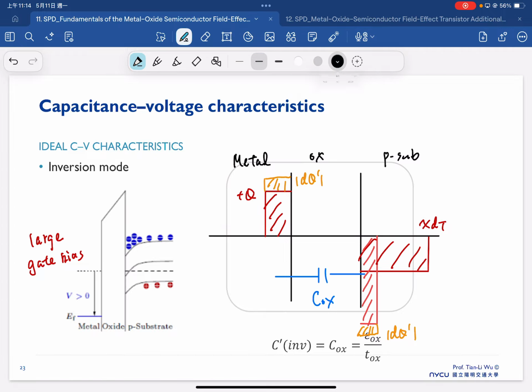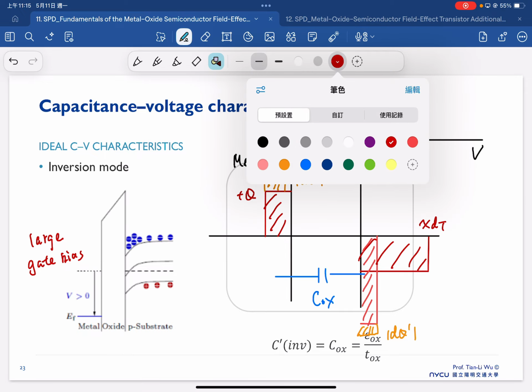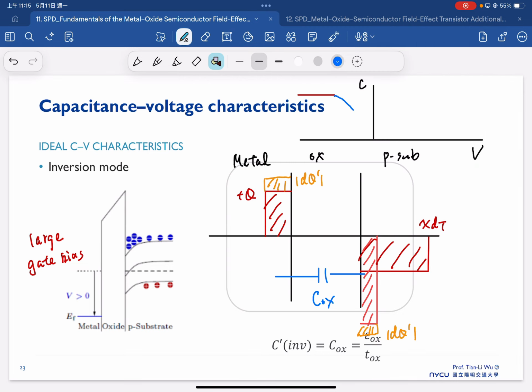So therefore, the CV characteristic from the most left hand side, we have the accumulation, and then furthermore we have the depletion, and then the last one we have this inversion, and this inversion capacitance will be just equal to our oxide capacitance, which in the end will be exactly the same as our accumulation capacitance.